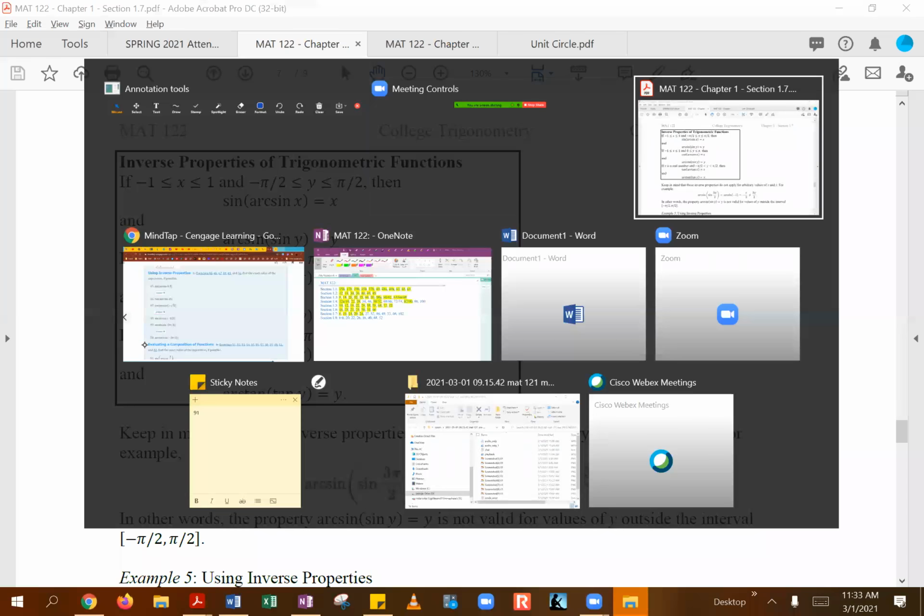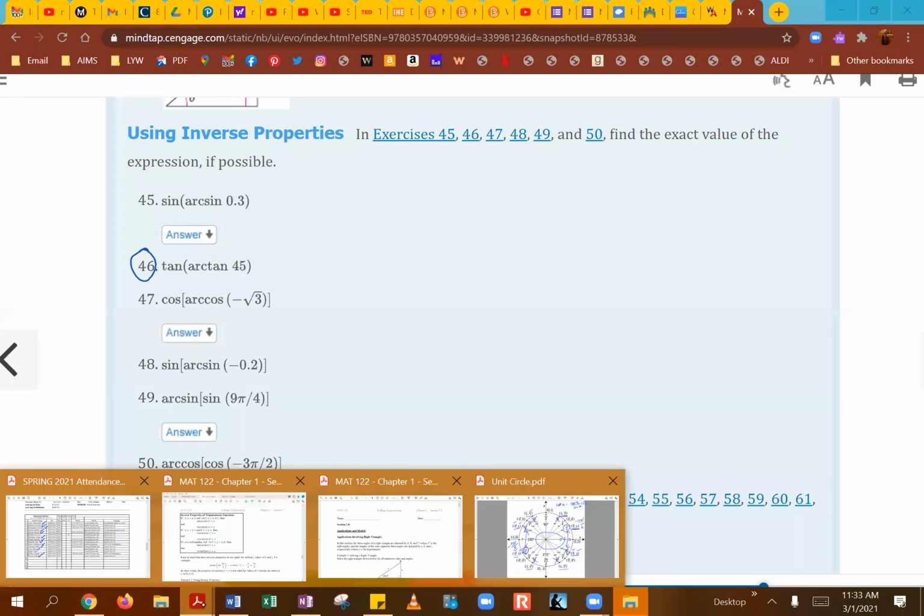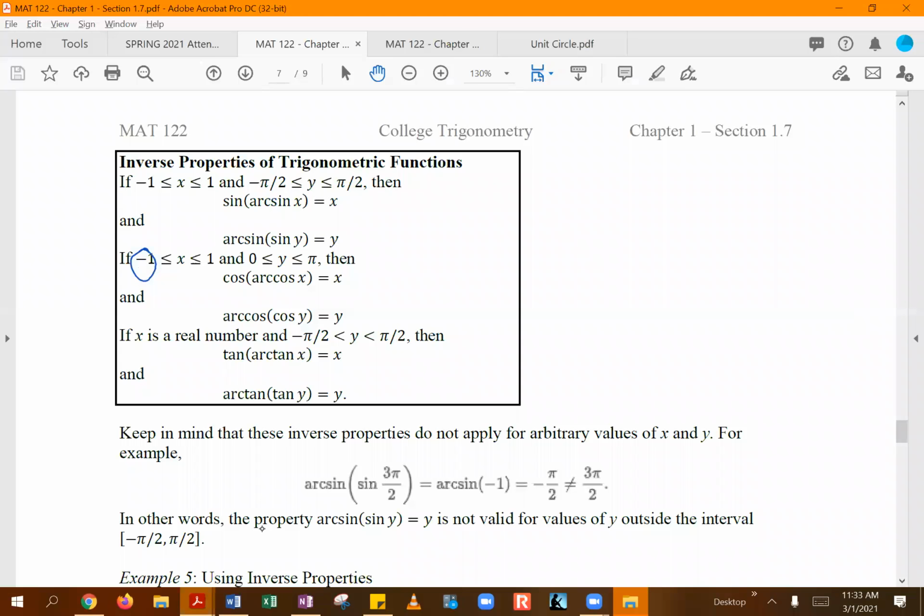So if you look at the example we have over here, you've got tangent on the outside and arctangent on the inside. So that is, of course, going to make a difference as to whether you are looking at the x values or the y values. So this x value has to be any real number. And if it is a real number, you get the answer of x.